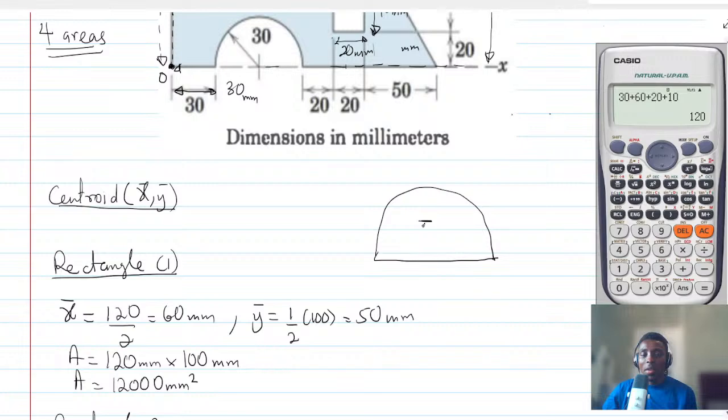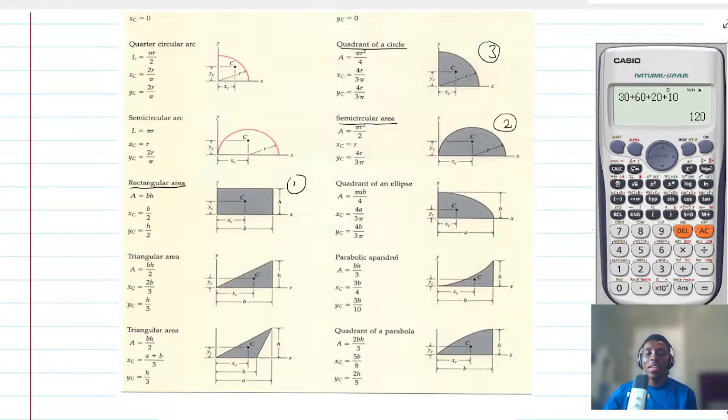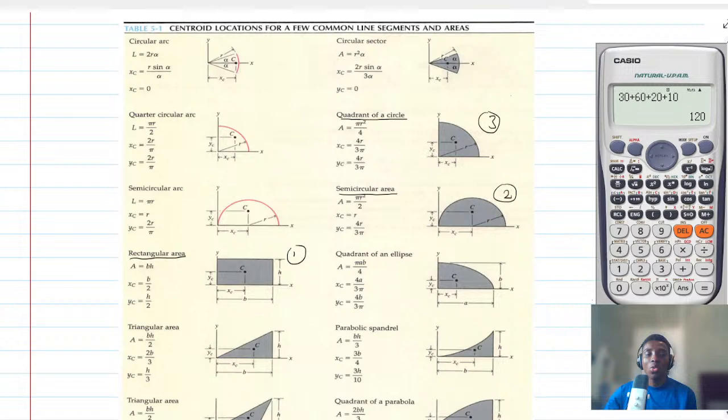and that distance is given by, for a semicircle, the Y bar is 4r over 3 pi. So this is how we calculate it. There is a formula here. I want to show you.